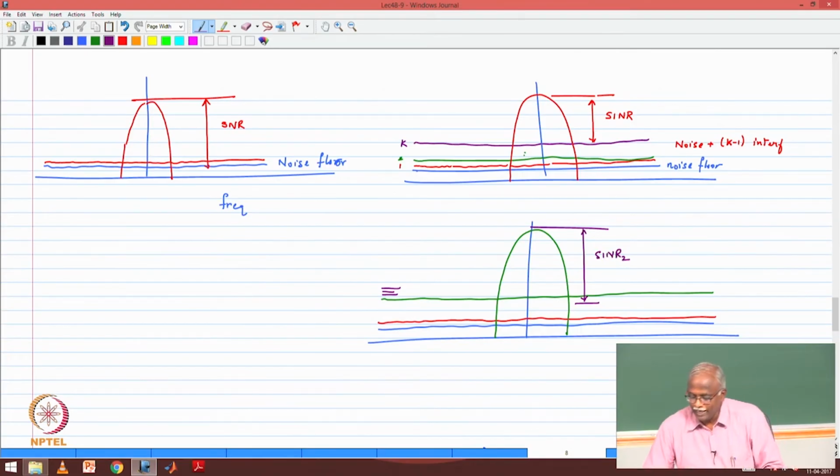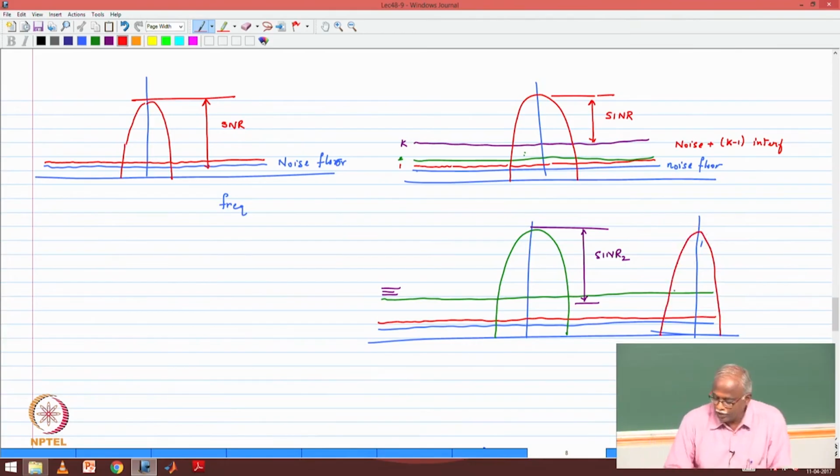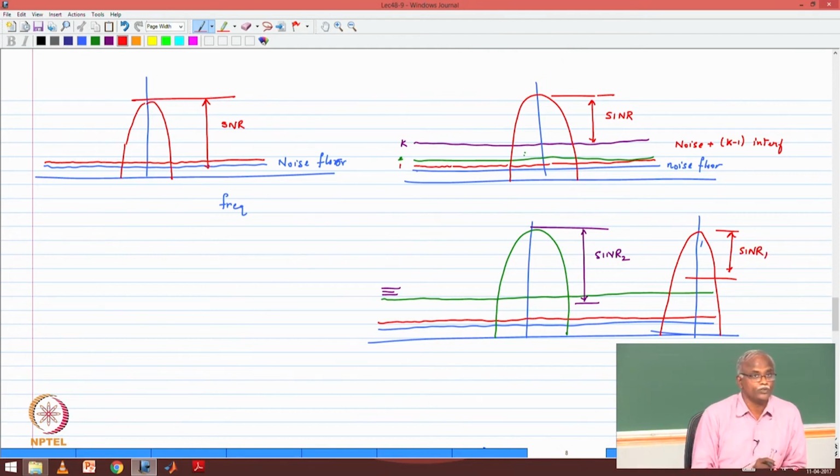But what if I had to detect any of the other users? What is the situation with the other users? Let us say I want to detect the red one. The red one is here. The noise floor, because of the green, is much higher, and effectively the SINR of user 1 is actually quite bad compared to SINR of user 2.